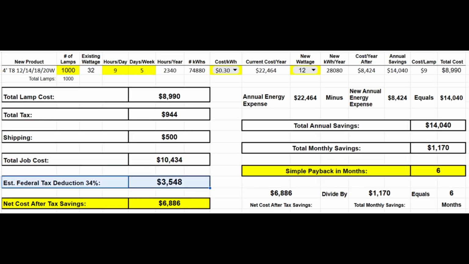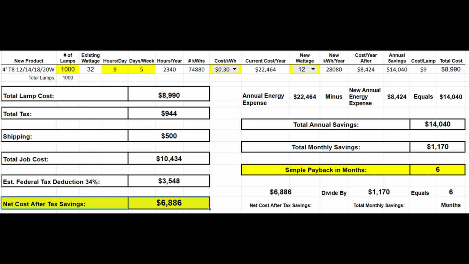The highlighted estimated federal tax deduction of 34%, of course it depends on their individual tax bracket, but we're using 34% as an example. That equates to a tax savings of $3,548. This is a tax credit they get for purchasing business equipment.